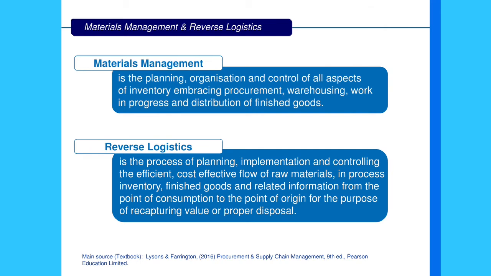But sometimes in some companies, we need to collect back the material from the customer and send it back to the organization. So it's a reverse sort of action that we are expecting. All the movement of material which we plan to collect from the customers and then bring back to the organization, that comes under reverse logistics.